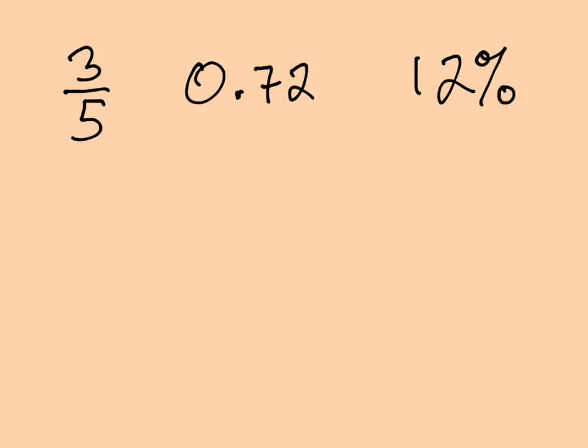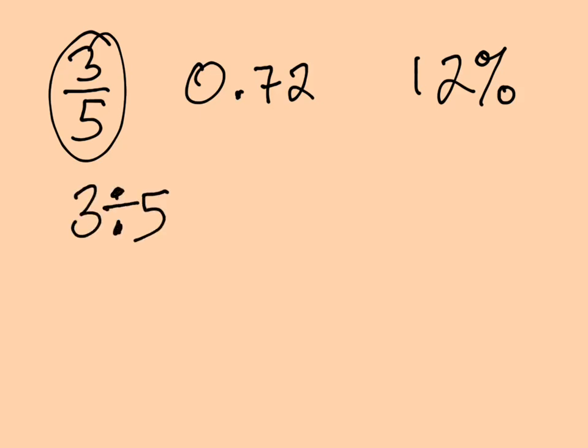And we've already talked about how to convert percents to decimals. And we've talked before about converting fractions to decimals, but let's talk about that real quick. Converting fractions to decimals, let's take our example of 3/5. And so that would be 3 divided by 5. And 3 divided by 5, we could do long division if we needed to. 3 goes inside, 5 waits outside.